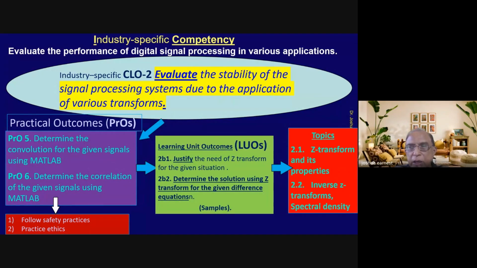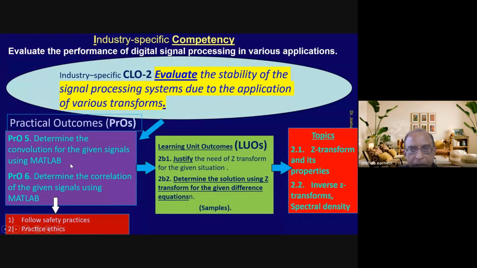So from yesterday, you must have understood that from the competency, the CLOs, the practical outcomes and the learning unit outcomes, the topics emerge. So when you develop the curriculum, you develop it in this direction. But when you start teaching, you take the topics and teach the learning outcomes so that he can perform the practical outcomes.